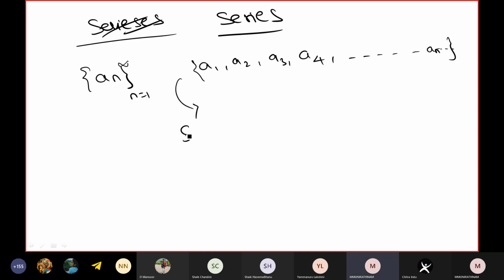If we take the sum, it is a1 plus a2 plus a3 plus a4 and so on, plus a_n and so on.